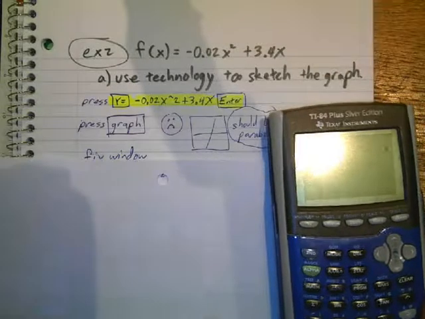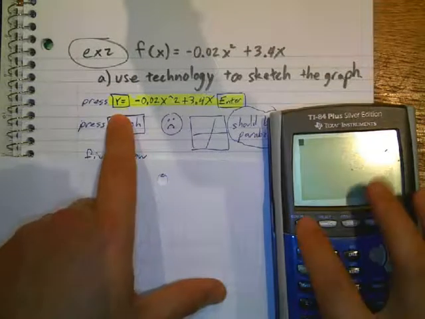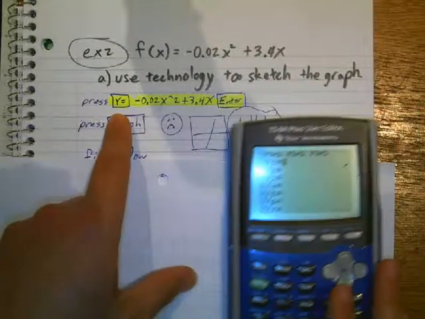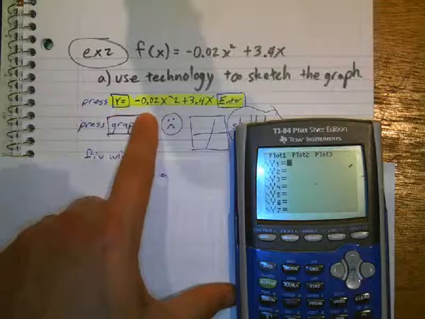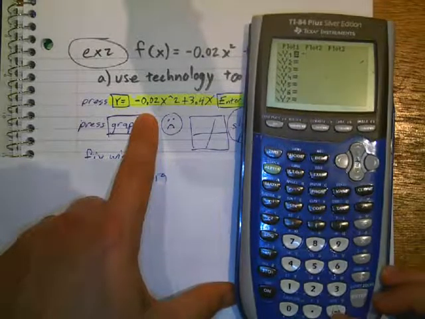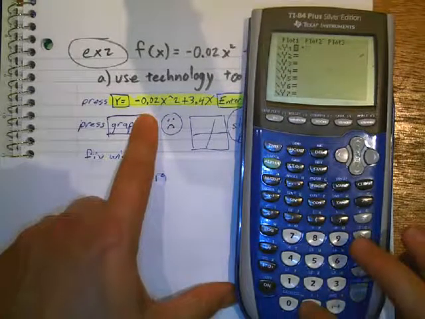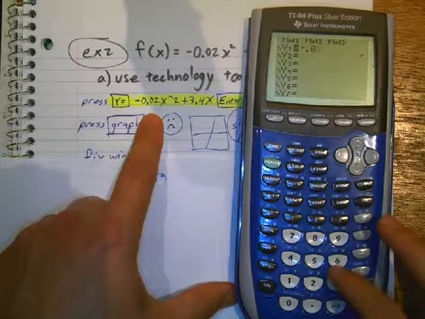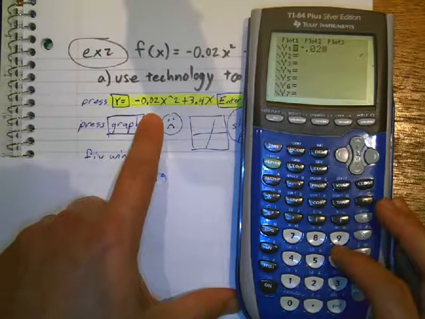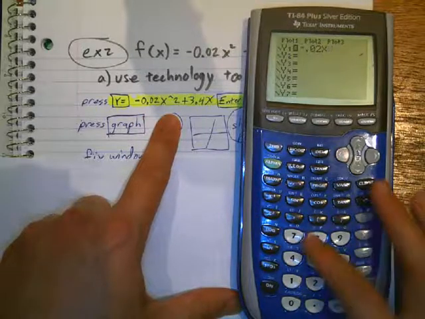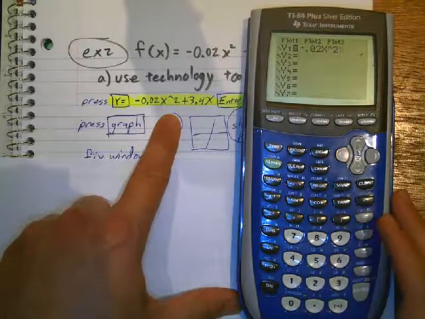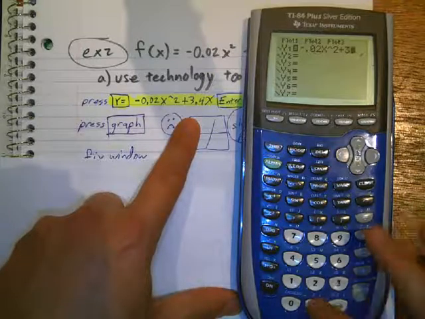So I'm going to hit y equals, and then I'm going to type in negative, the negative down here, right? 0.02 x squared plus 3.4x.